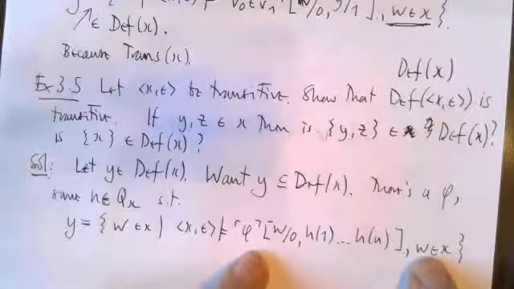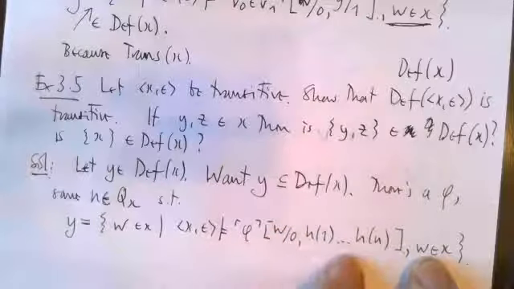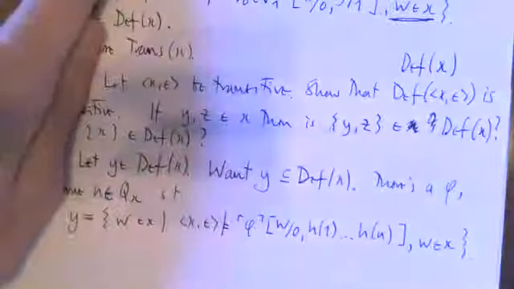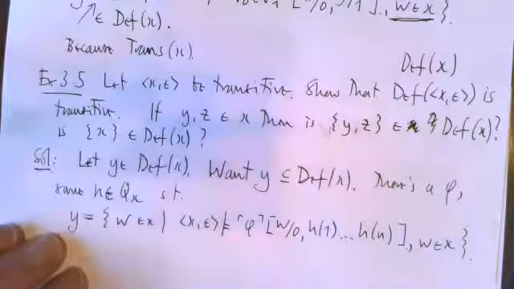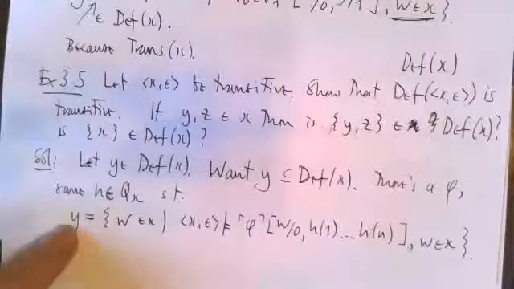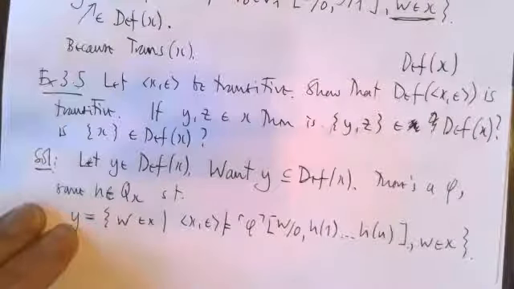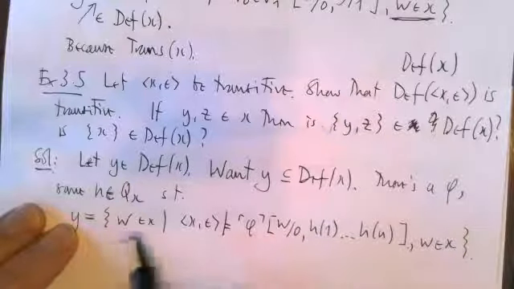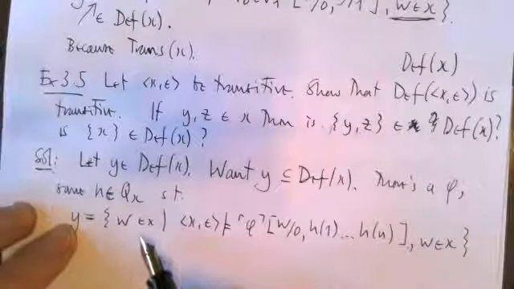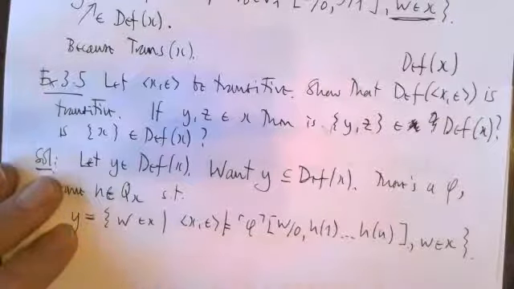We let W vary, and somehow this definition, this valuation, picks out Y. So Y here, obviously, is a subset of X by the nature of its definition.